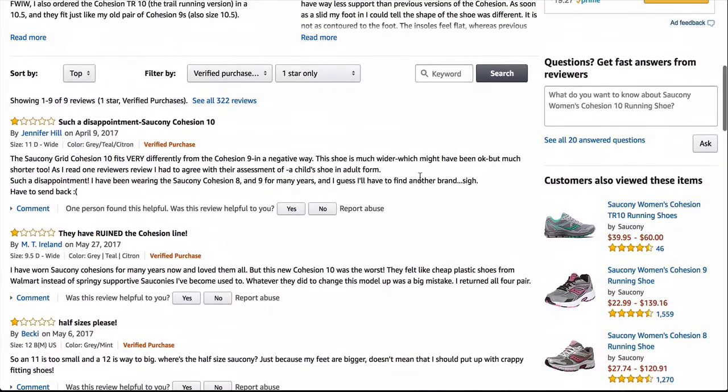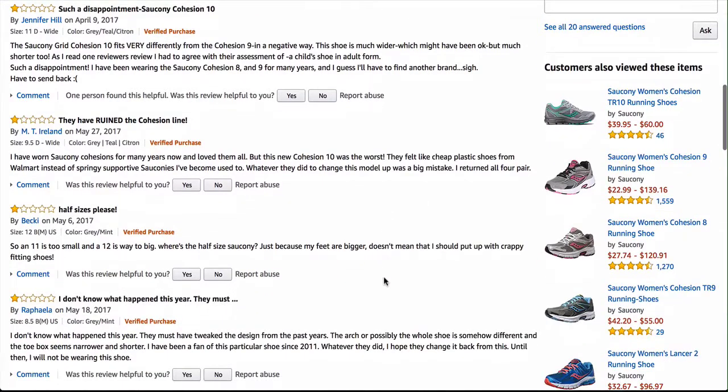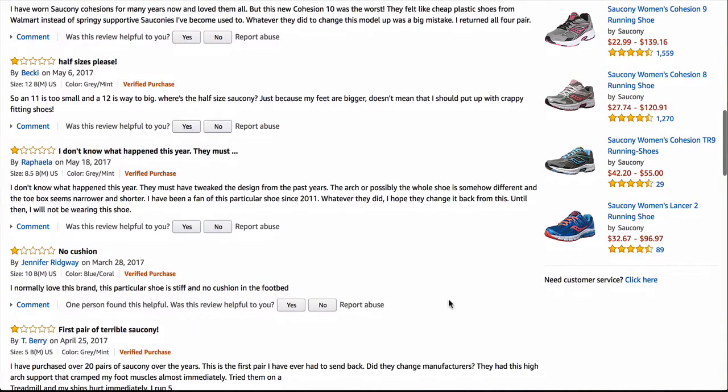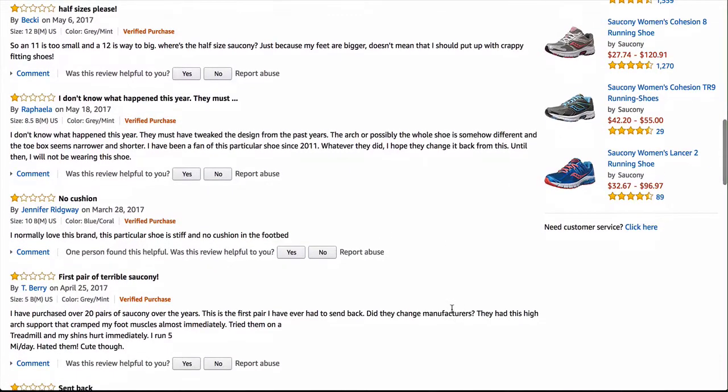What you want to do is spend some time and go through about 10 of these. Jot down if you see some of the same words. I've already seen categories of them not fitting properly, and the arch support has come up a couple of times. You want to see if that's going to continue to be the trend.